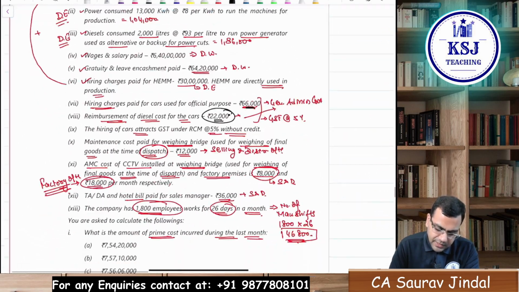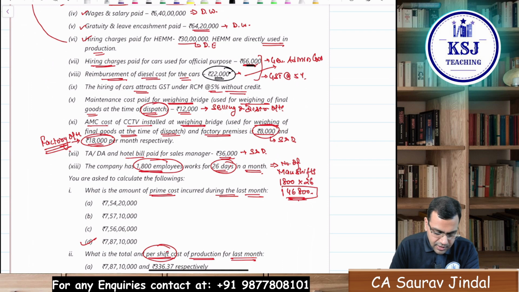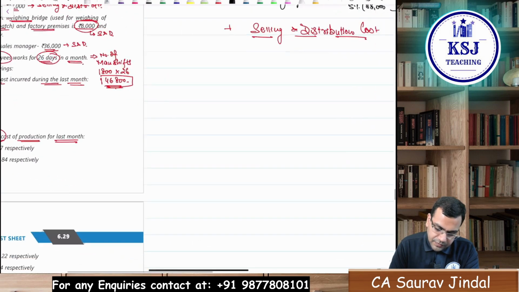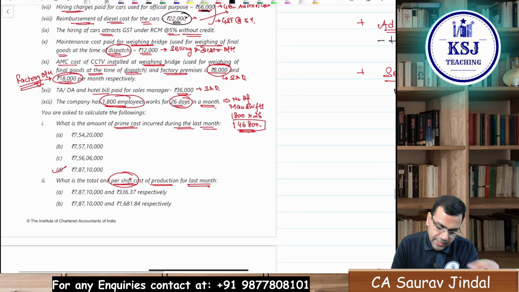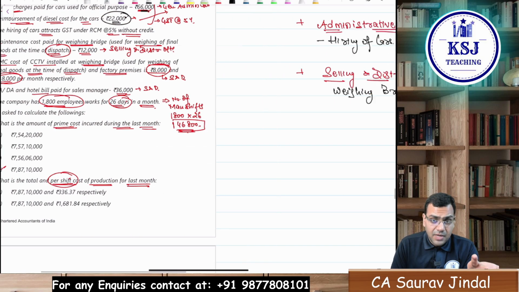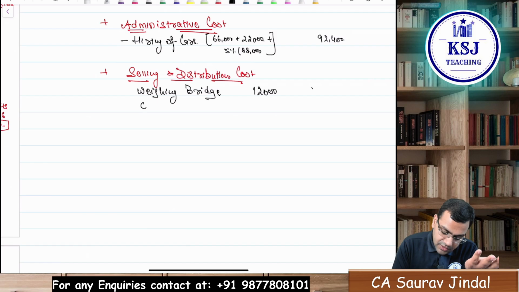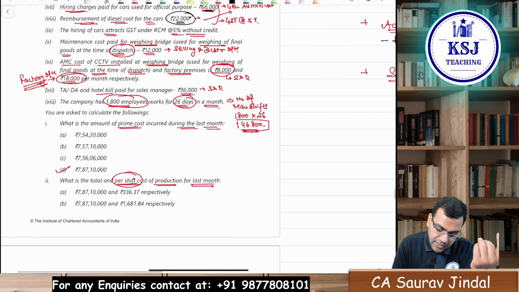One, weighing bridge cost of 12,000. So I'll take here weighing bridge 12,000. What else is there? CCTV camera cost, that is 8,000. So total of 20,000. Is there anything else?